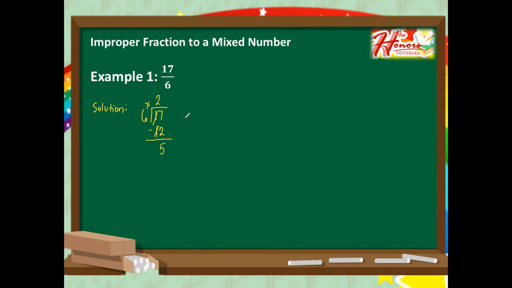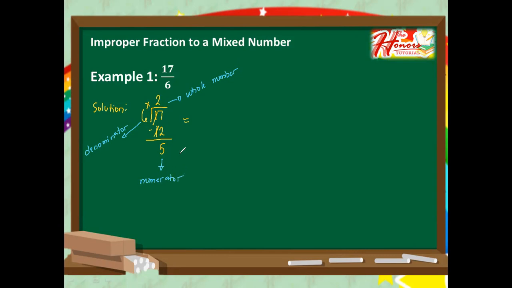And then to change this into a mixed number, this 2, your quotient, will be your whole number. This divisor, which is 6, will be your denominator. And your remainder here will be your numerator.